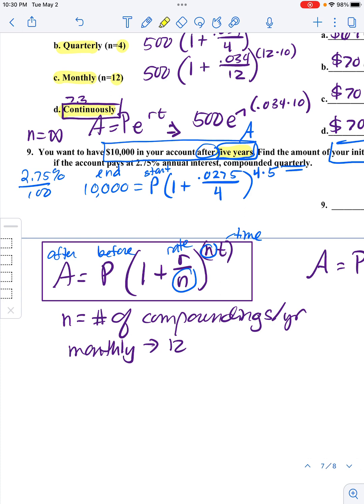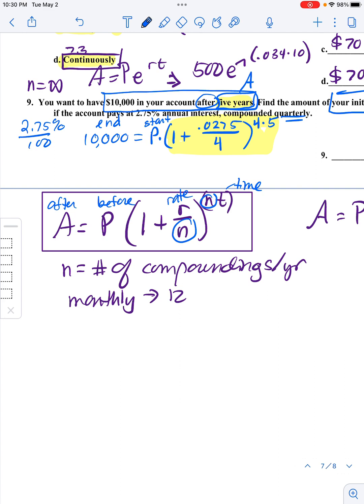So here's the deal, you guys. These are all numbers. So do that part on your calculator, and then that will be a number that's getting multiplied by P. So type in that whole thing, and then you'll have 10,000 equals P times, I got like 1.14686, and then I'm going to divide that out to both sides.